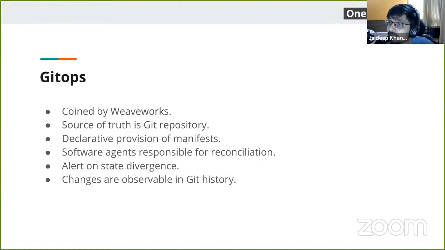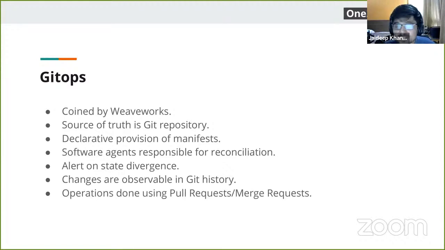Changes are observable in Git history because it is using Git. Everything that you do, writing your manifests and so on, is part of your Git history, so you can definitely go back in time and see what was changed and where. Operations are done using pull requests and merge requests, which is a very common practice these days.